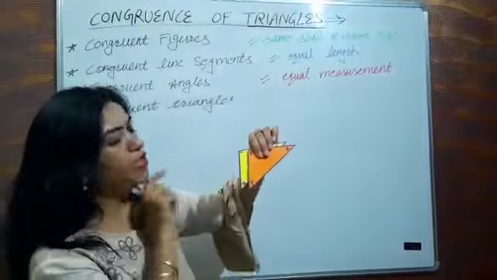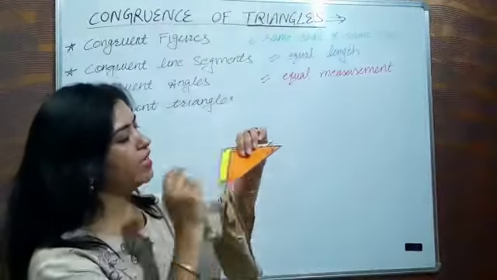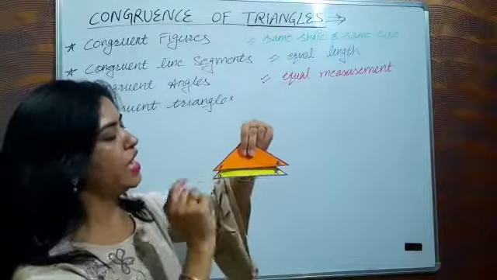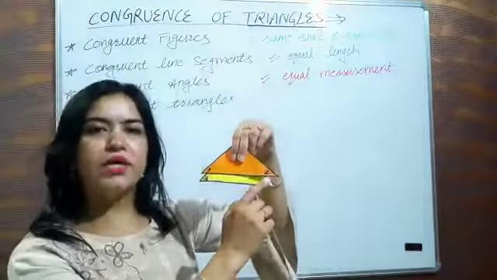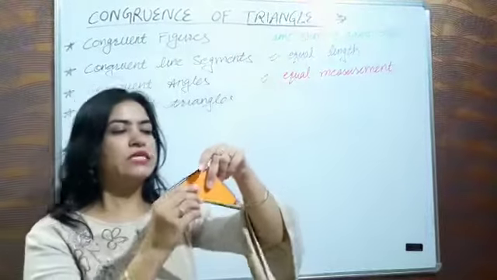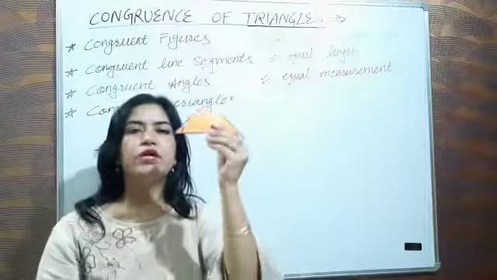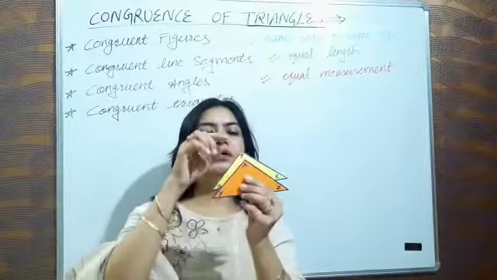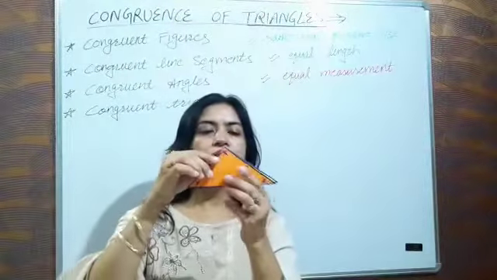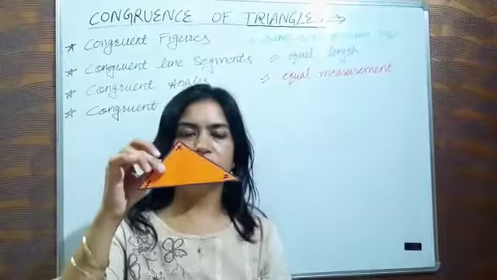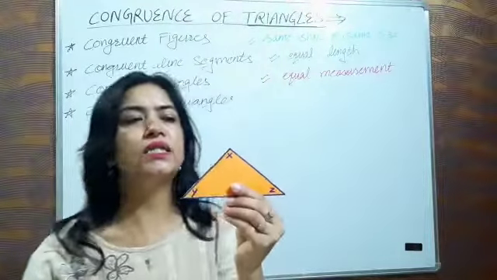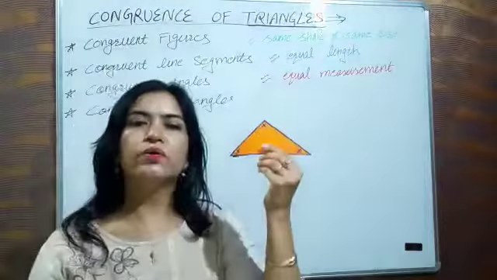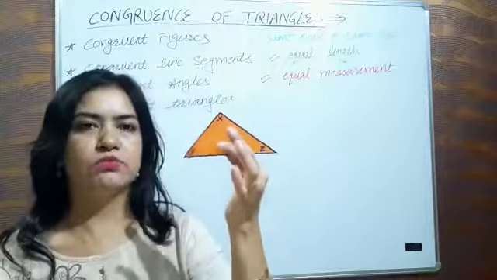Line segment PQ coincides with the line segment XY, and the line segment YZ coincides with the line segment QR. What does it mean? It means when two triangles are congruent, then the sides are equal in length. The sides are equal in length, and if we look at their angles, they are also of equal measurements.